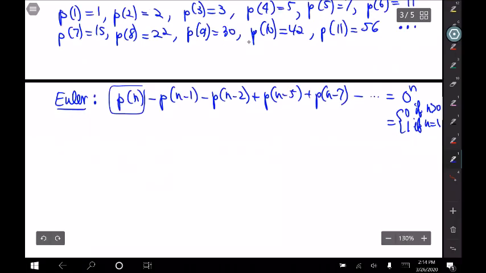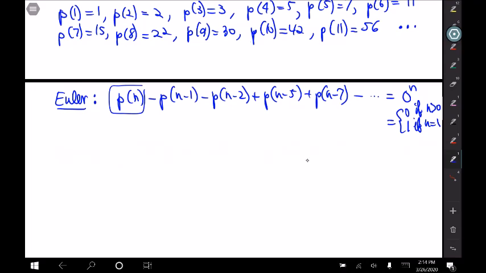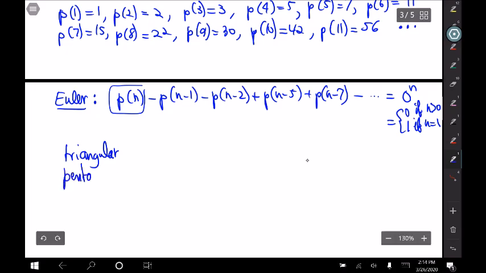What you have is triangular numbers. An easy way to write out the pentagonal numbers is to start with triangular numbers, which you all know: 0, then add 1, then add 1 and 2, so 3, add 1, 2, 3, that's a 6, add 4, that's a 10, add 5, add 6, add 7, add 8, and so on.